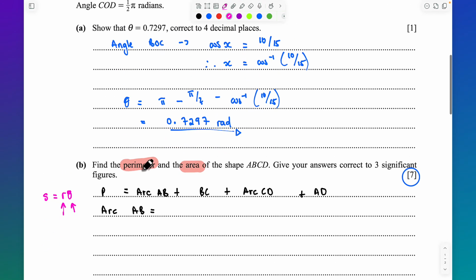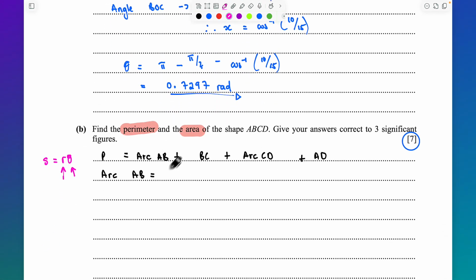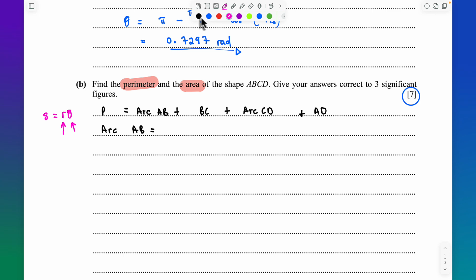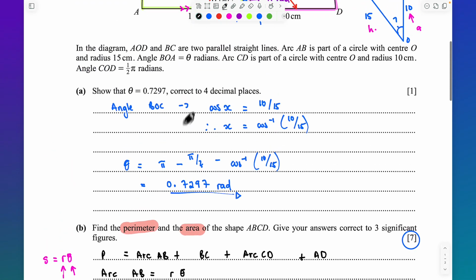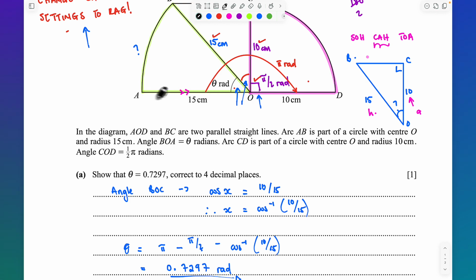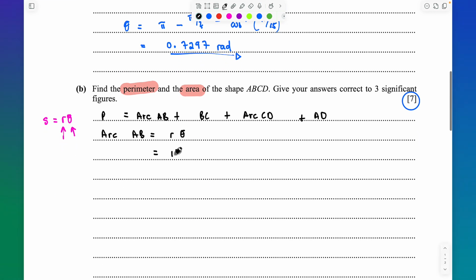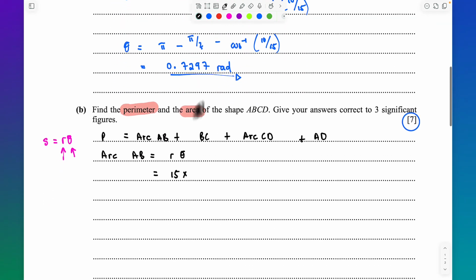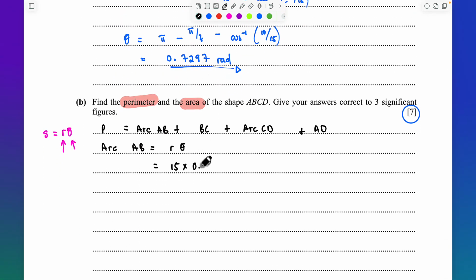In this case, we have radius 15 multiplied by theta. Remember, your theta has to be the radian value. It's 0.7297. I'm actually going to use the exact value from my calculator.